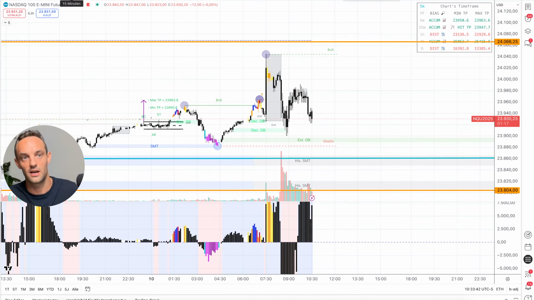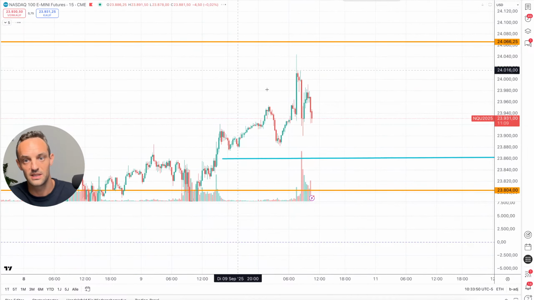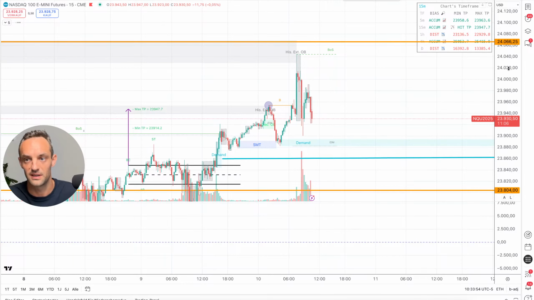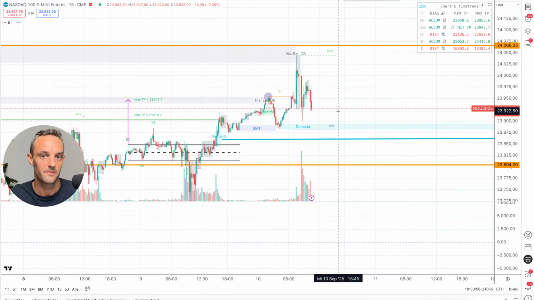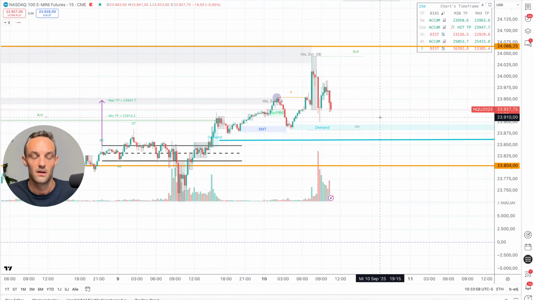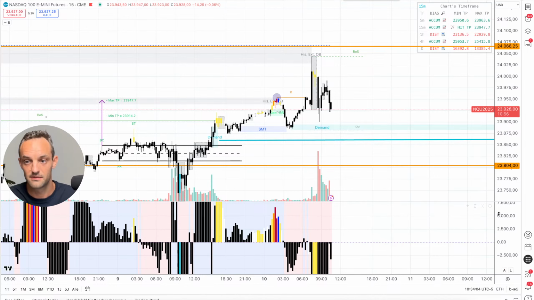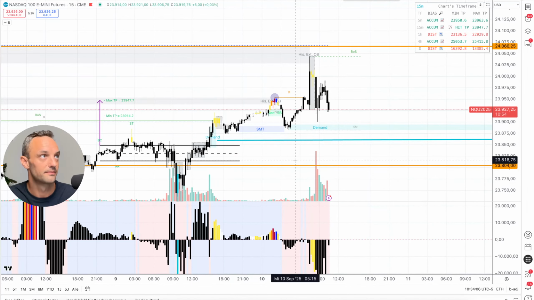On the 5-minute chart, because most of you are swing traders, not scalpers. Okay, swing traders, we need to see them on the 5-minute chart, we need to see them on the 50-minute chart, we need to break the demand, we need to break the inducement level, and then we might see a nice and good short opportunity for the next week, actually.